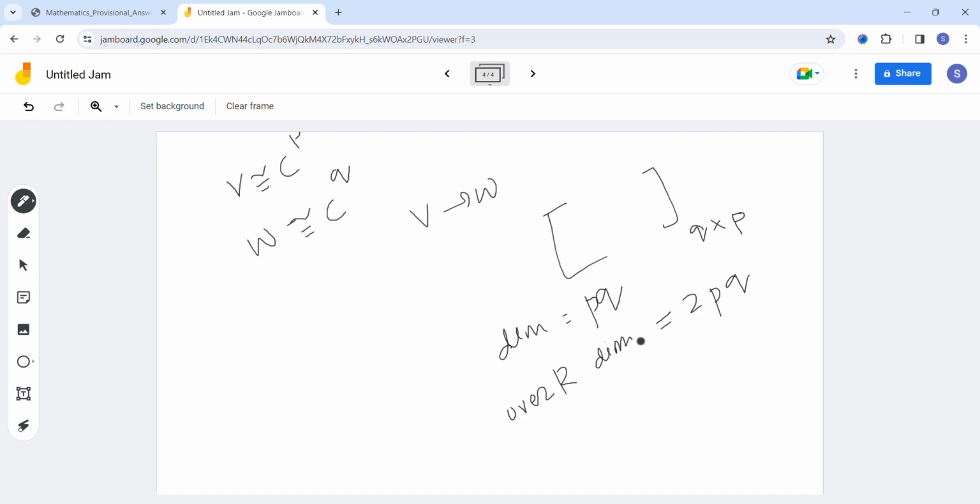But whenever you are considering it over R as a real vector space, the dimension becomes 2PQ, right? That means M equals 2PQ. Okay.